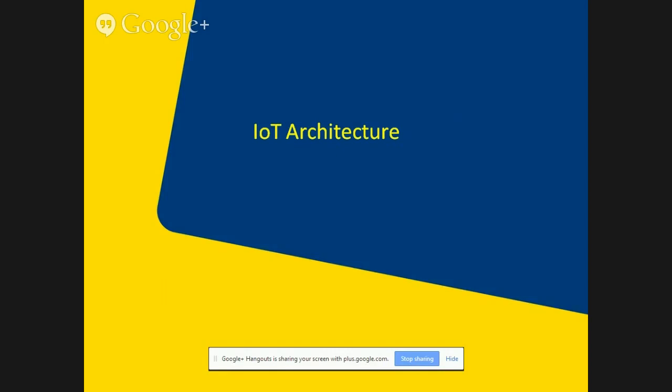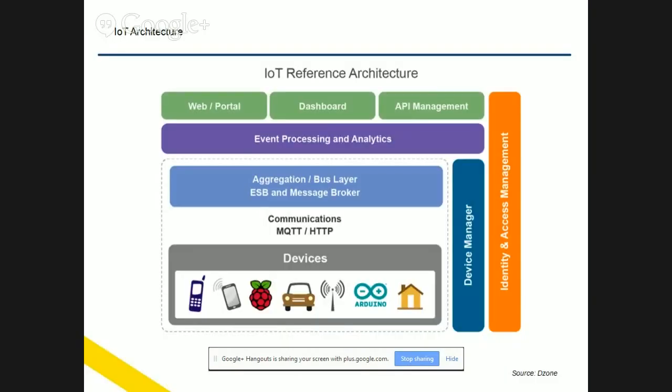So let's come to the IoT architecture. Let's consider a reference architecture for IoT. At the root or fundamental to the Internet of Things are things, which are also called devices.